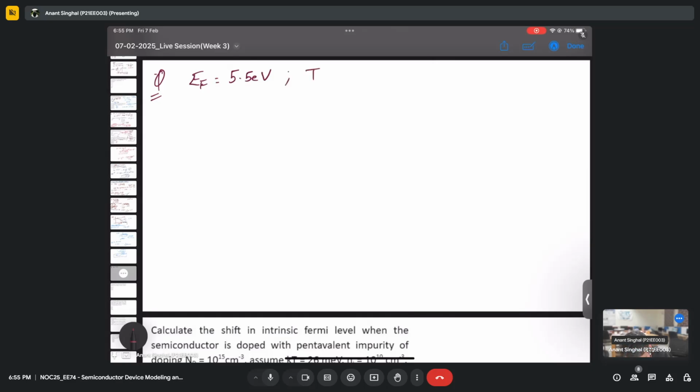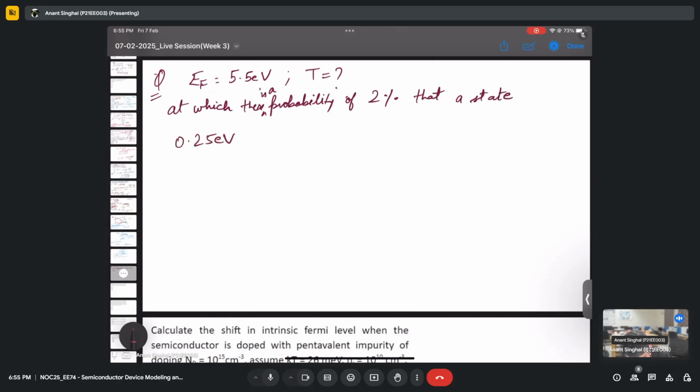You need to determine the temperature at which there is a probability of 2% that a state 0.25 electron volt below the Fermi level will be empty.